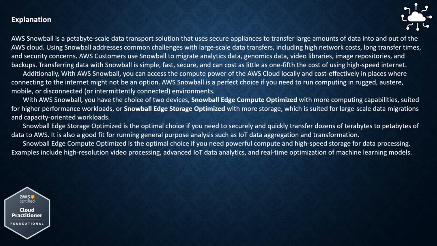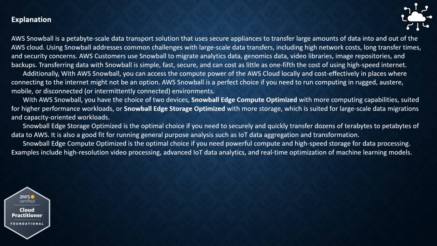AWS customers use Snowball to migrate analytics data, genomics data, video libraries, image repositories, and backups. Transferring data with Snowball is simple, fast, secure, and can cost as little as 1/5 the cost of using high-speed internet. Additionally, with AWS Snowball, you can access the compute power of the AWS cloud locally and cost-effectively in places where connecting to the internet might not be an option.